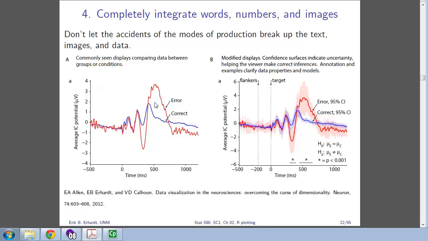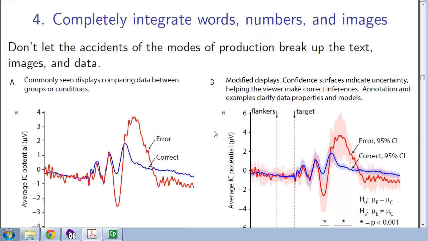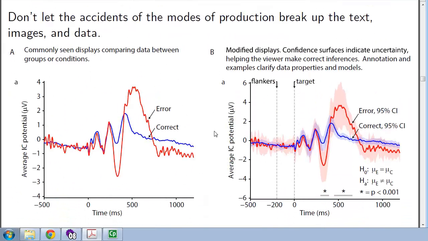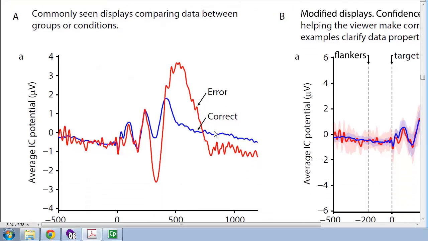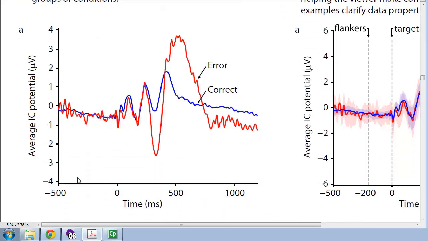And so on the left we have an experiment where we have time along the horizontal axis, and we have the average independent component potential. This is basically the magnitude in microvolts of the response.